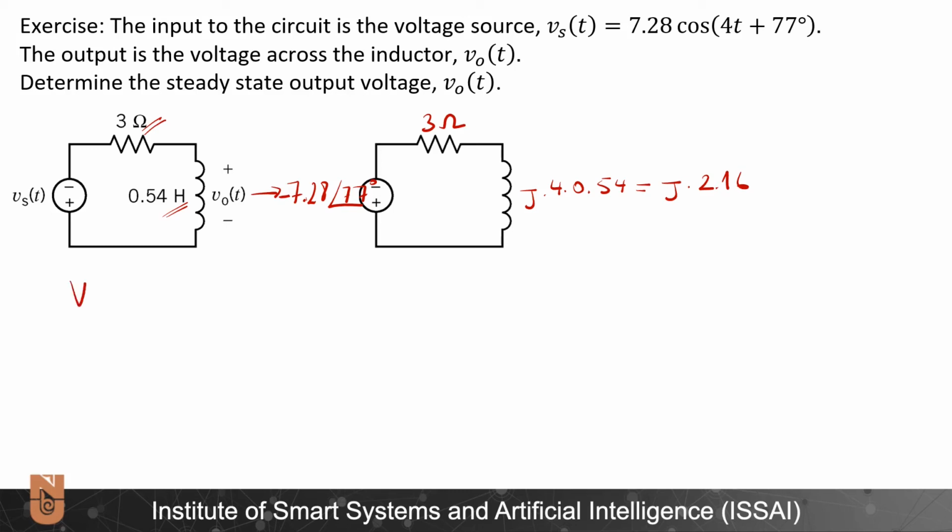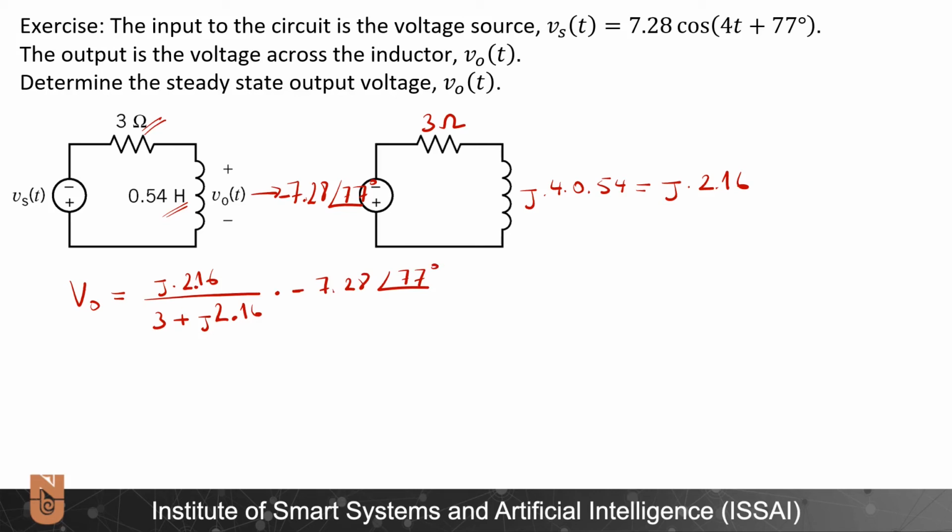Then the phasor for the V out simply will be J2.16 divided by 3 plus J2.16 times minus 7.28 times 77 degrees, the angle.